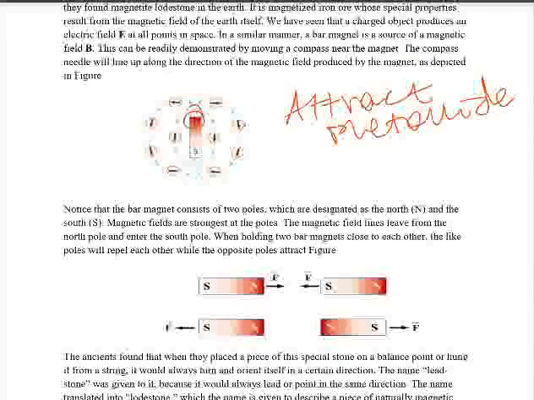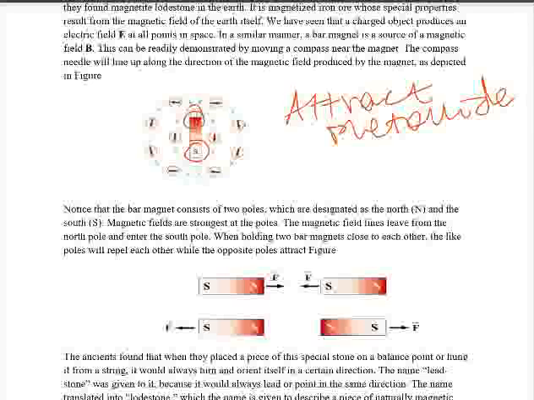Magnets always have two poles, north and south pole, and the magnetic field lines always go out from north and in into south. But in an electric field, the field lines go out from positive and in into negative.